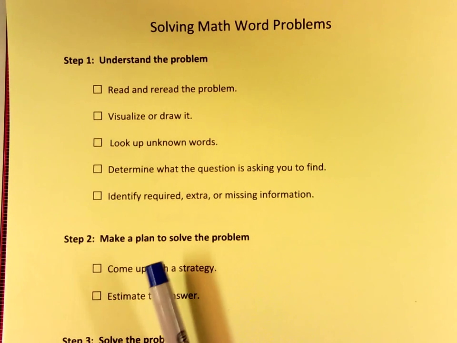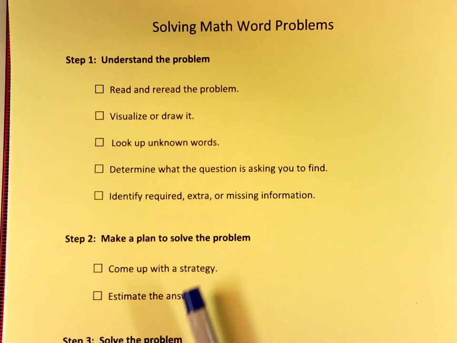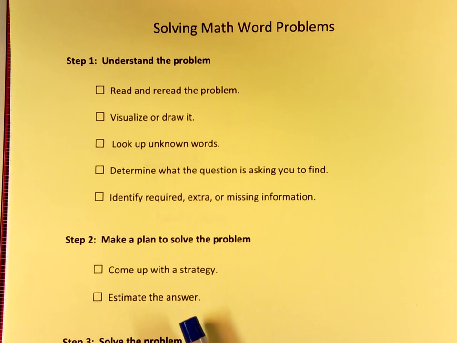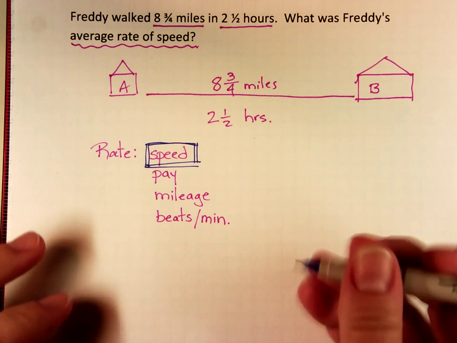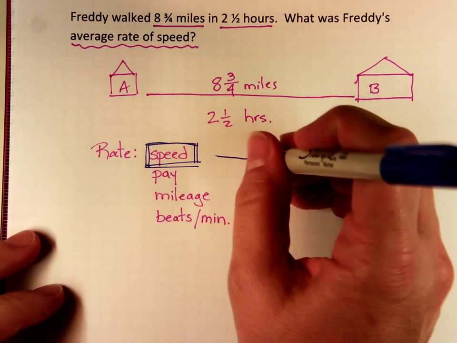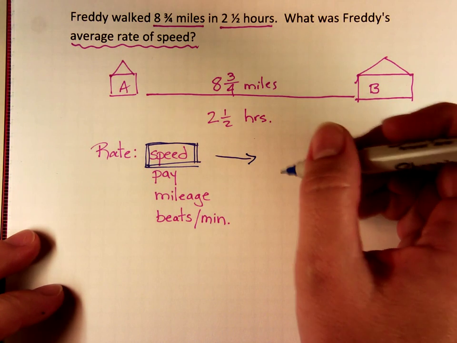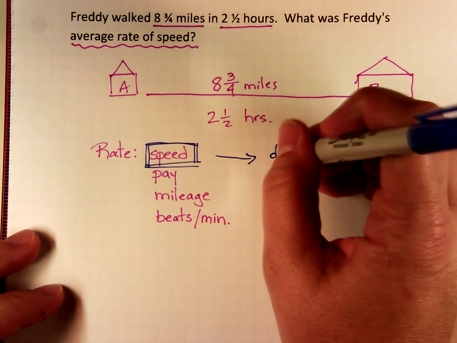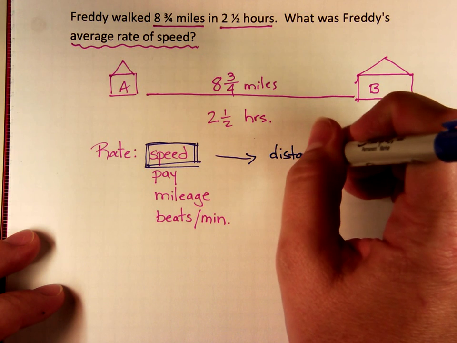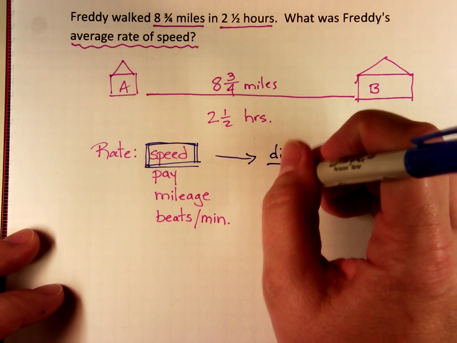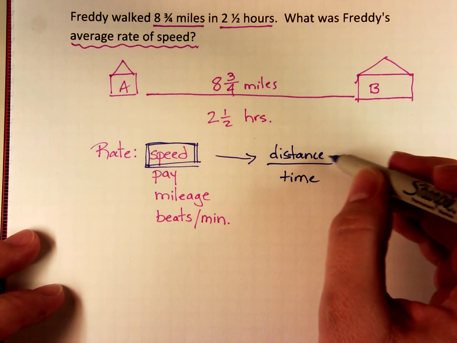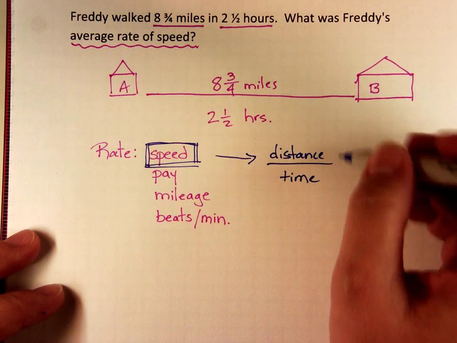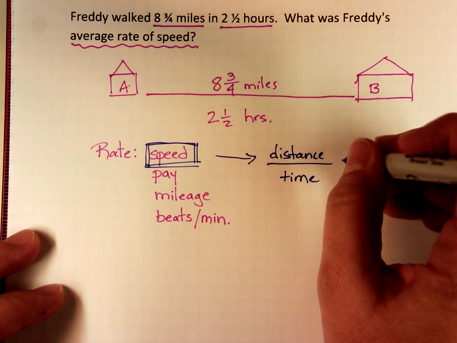Step number 2, make a plan to solve the problem, come up with a strategy, and estimate the answer. Speed is always expressed in distance by time. And sometimes distance can be measured in miles, it could be kilometers. In this case, it happens to be miles.